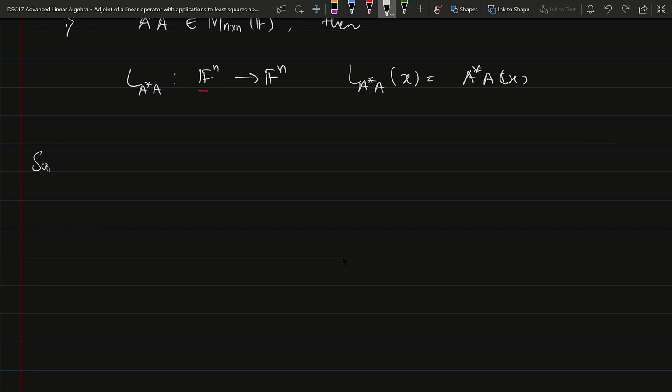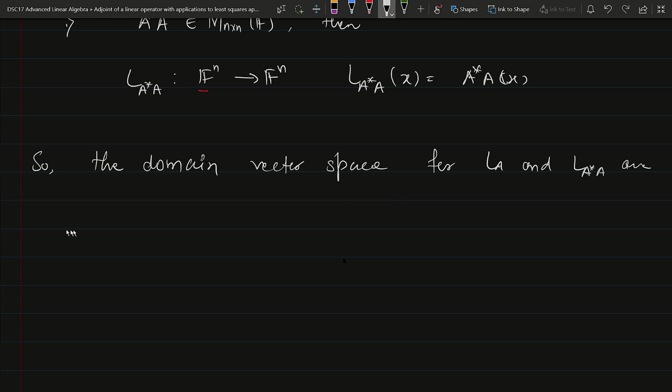So the domain vector space for A and A star A are the same.